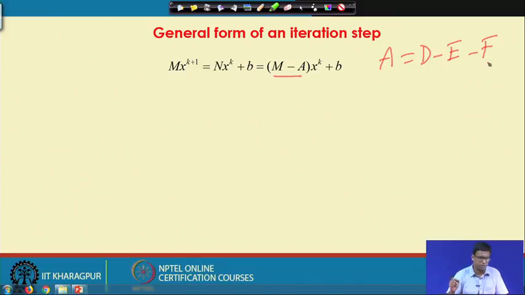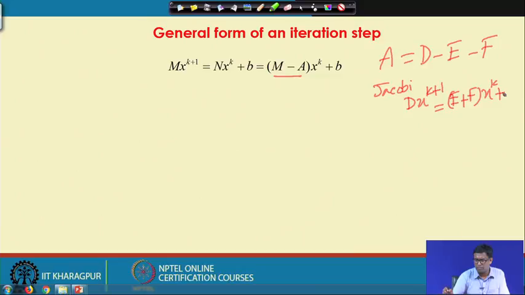So, with the diagonal, lower triangular and upper triangular parts, in Jacobi it is D x k plus 1 is equal to (E plus F) x k plus b, and in Gauss-Seidel this is (D minus E) x k plus 1 is equal to F x k plus b.